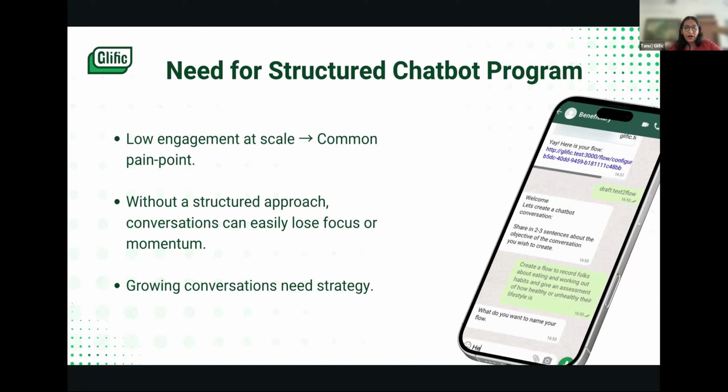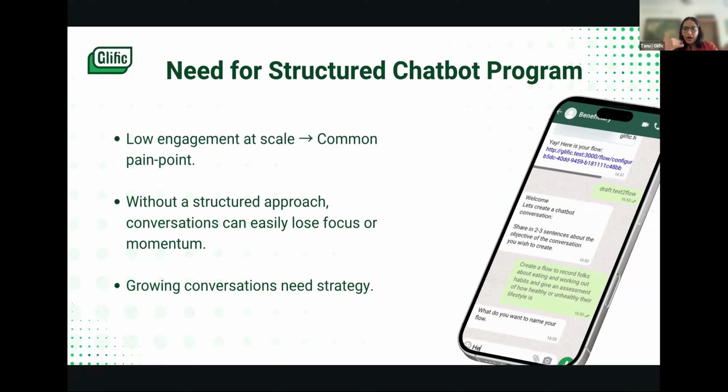So, when conversations grow, it's very important that we put a structure to it, because if you don't put structure to it, it's very very easy for the focus to deviate, right? Say for example, now you get hundreds of messages on your WhatsApp.